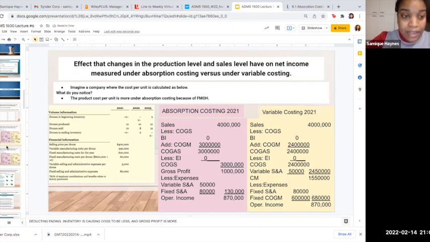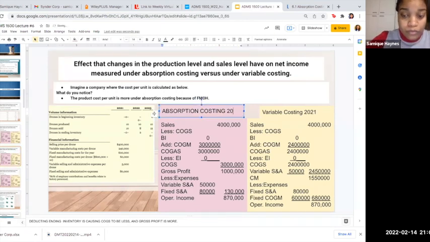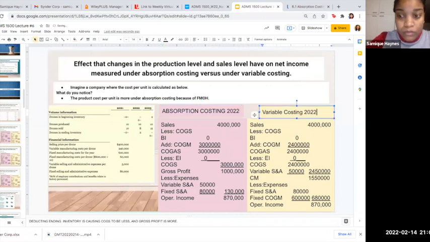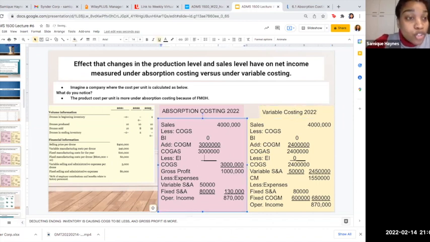And then let's imagine that in 2022, there is now ending inventory. So how much ending inventory is there in 2022? 2 units. So right here has to change, right?